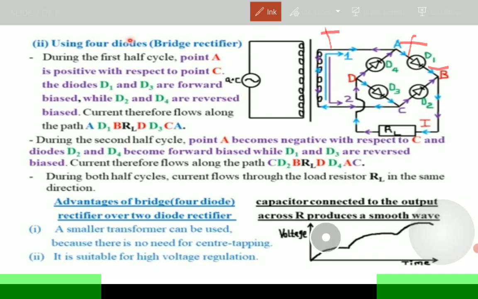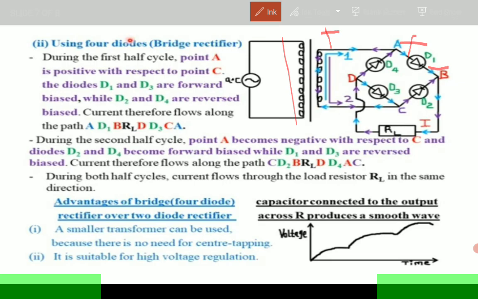So in order to make sure that the rectification is smooth, we need to have a capacitor. A capacitor is connected across the resistor R in order to smoothen this.